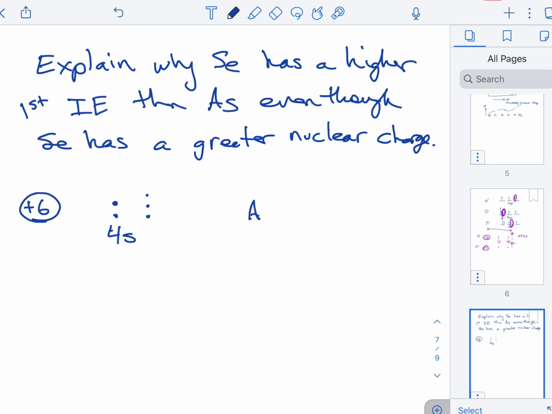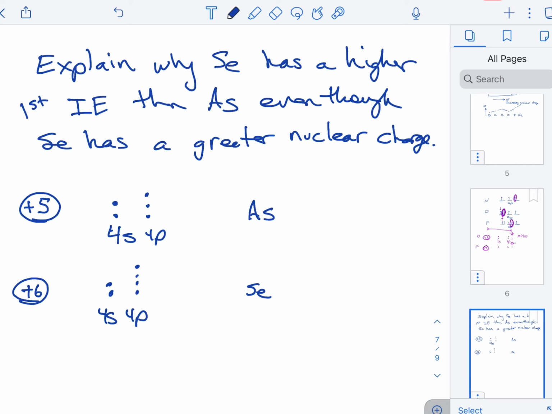And for selenium, it would be... Nope. It's +5 for arsenic. And then +6 for selenium. 4s, 1, 2, 3, 4. Okay, so based on our prior understanding, this is 4s, this is 4p.